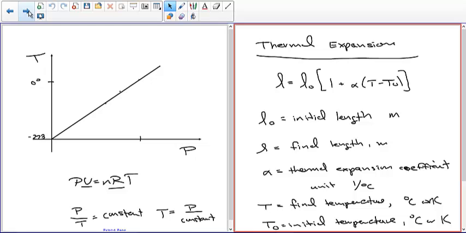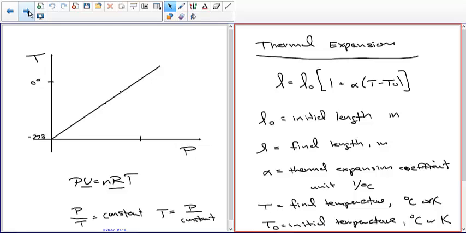In terms of the dimensions of an object, I don't know if there are any cases where it goes the other way, but typically when you increase the temperature of an object, it gets longer, and when it cools down, it gets shorter. We said that relating to musical instruments.